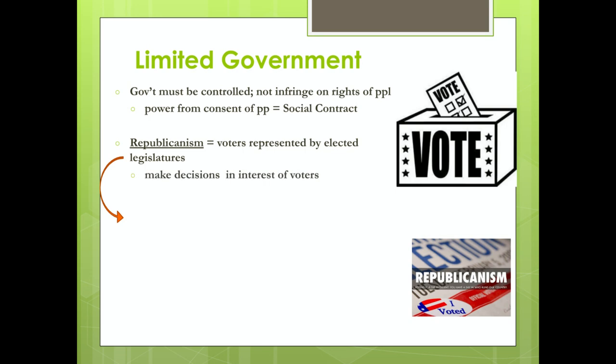Again, these representatives are going to make decisions that are in the best interest of the voters that they are representing. So someone from Horry County would go to Washington, and they're going to express their views based on the views of the people of Horry County. The House of Representatives is to ensure the interests of the voters, which I just mentioned.